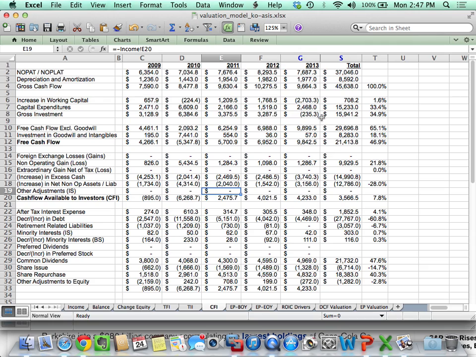So let's go back to this. CFI, cash flow available to investors, has four major sections. Operating, which is free cash flow. Free cash flow plus non-operating cash flows equals CFI, and that equals the debt and the equity cash flows.